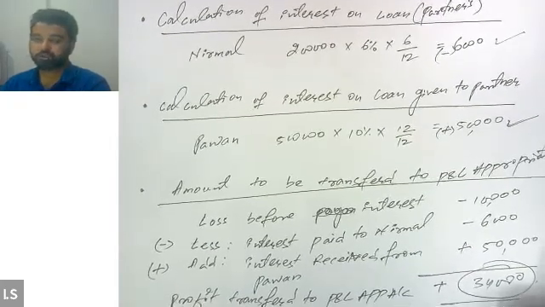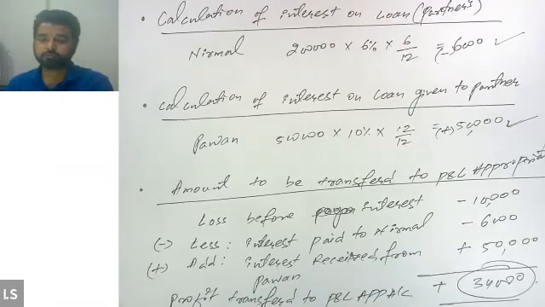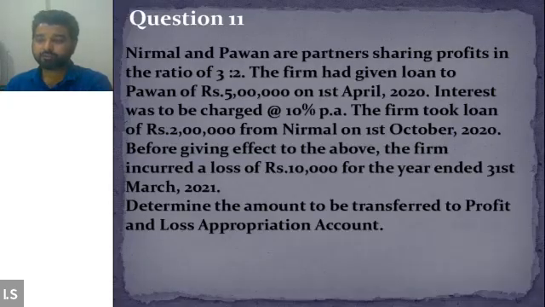See, the question does not require us to distribute the profit. In the last point of the question, it is written: determine the amount to be transferred to the profit and loss appropriation account. The question is not asking you to show the distribution of profit among the partners. Okay, sir. Therefore, we are not distributing between the partners.